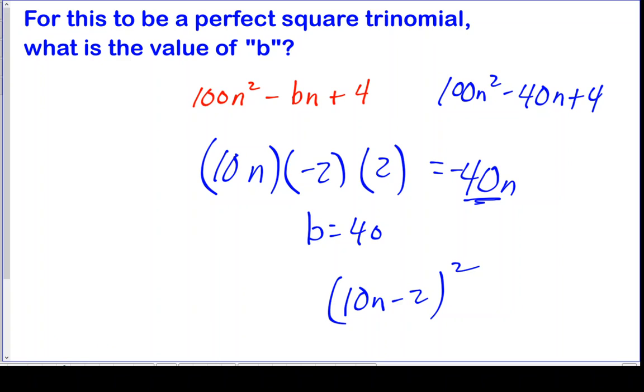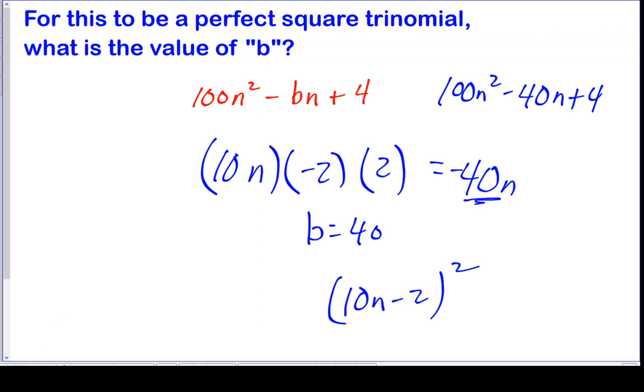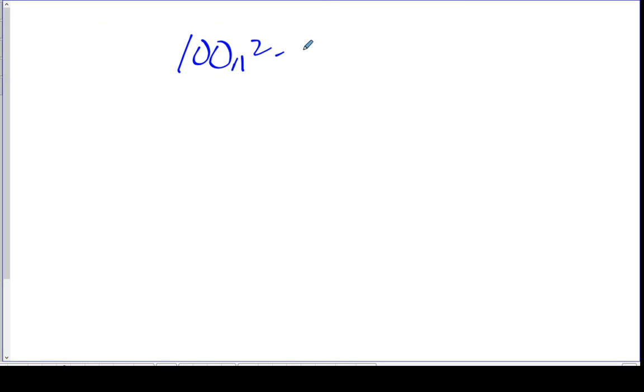Let's look at that for one second. 100n squared minus 40n plus 4. Alright, so we already determined this is a perfect square, so it can definitely be 10n minus 2 squared. But what did we talk about yesterday? We talked about how you have to look at the terms and determine if there's a GCF.